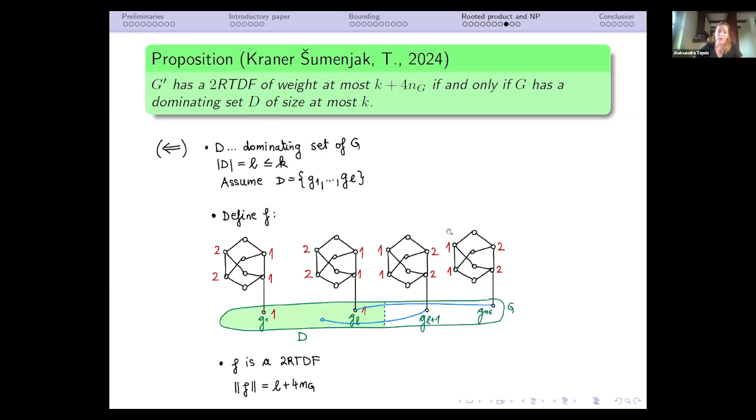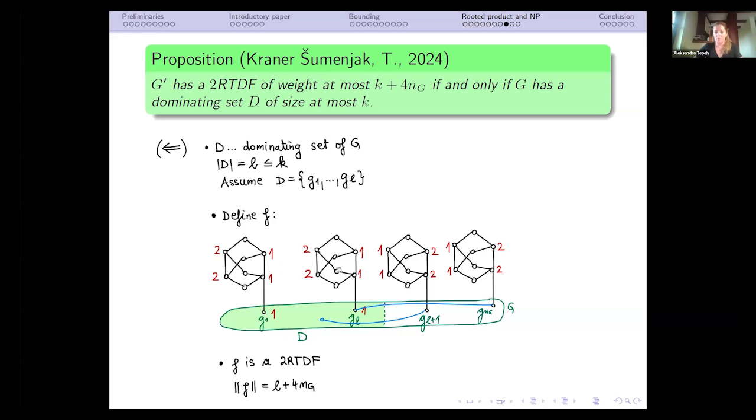And now we define the function F. I used red color to define this function. And now I claim that this function is a two-rainbow total dominating function. What do we have to check? We have to check that each vertex colored 2 sees 1 in its neighborhood. Just by taking a look at this picture, you will see that this is so. Also, every vertex colored 1 sees 2 in its neighborhood, and all other vertices which are empty see both colors in the neighborhood.